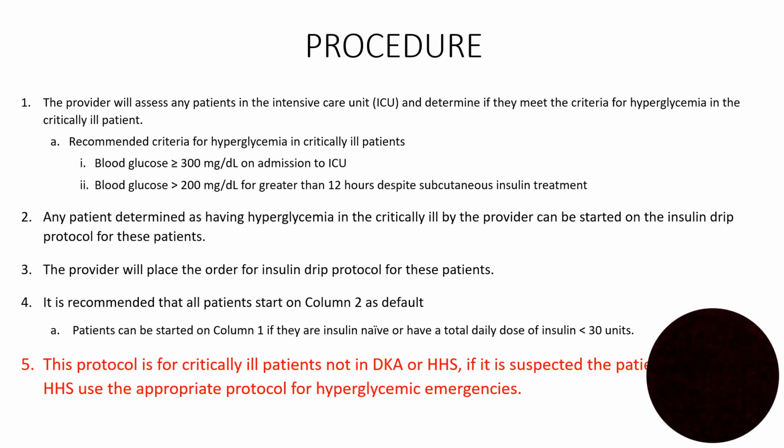Patients can be started on column 1 if they are insulin naive and have total daily dose of insulin less than 30 units. This protocol is for critically ill patients, not DKA or HHS. If it is suspected the patient has DKA or HHS, use the appropriate protocol for hyperglycemic emergencies.